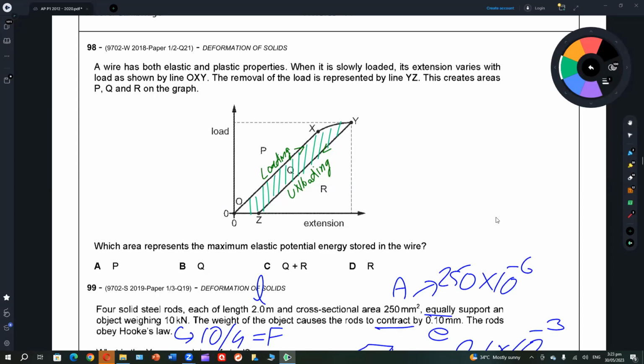What about R? What is R? What is Q? Let's talk about it as a memory. R will be the unloading part of it, where the stress becomes less.